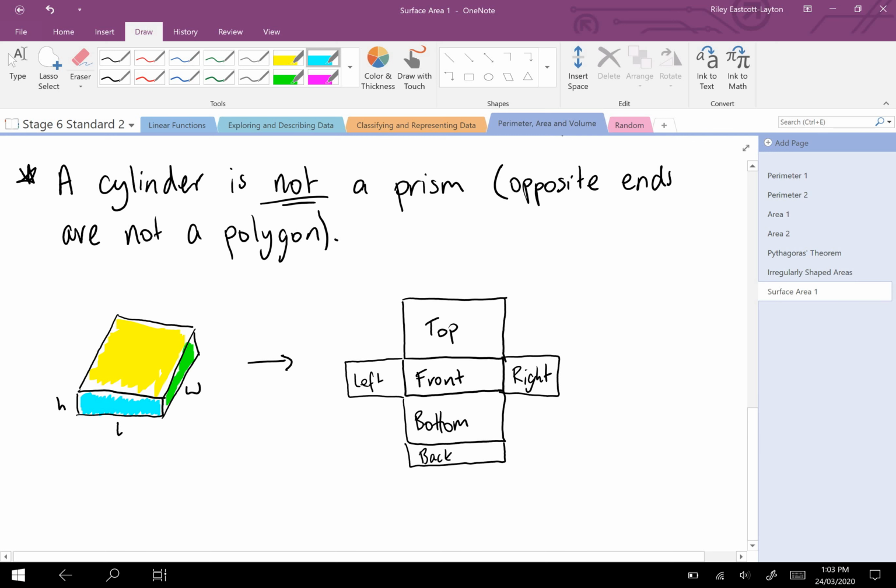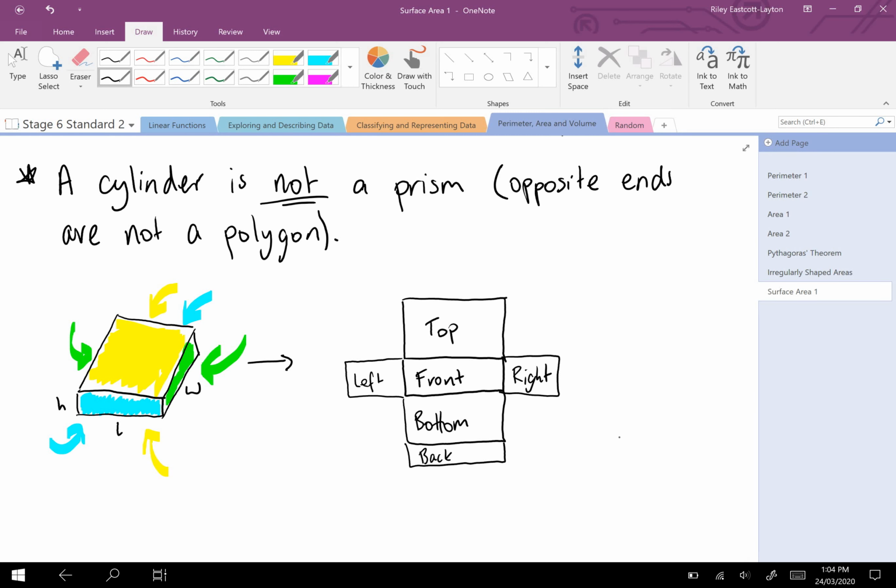What we actually need to remember is that we're not just finding this area once, because we actually have the same shape on the bottom. Same with here at the front, got the same shape at the back, and then on our side we'd have the same shape here. So it's just something we ought to keep in mind. I don't expect you to draw our net shape every single time, but just something to keep in mind.